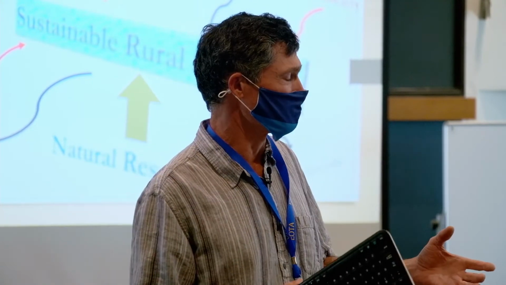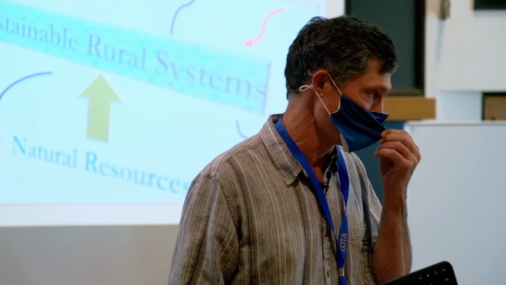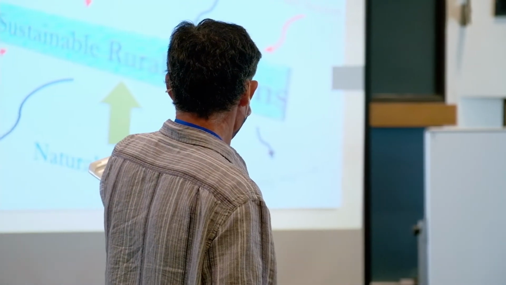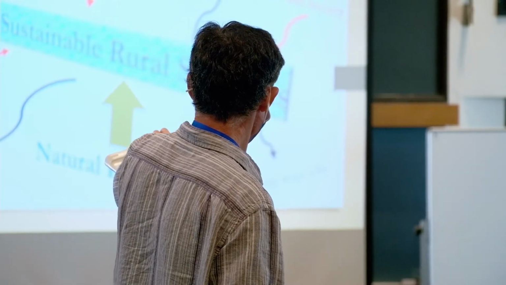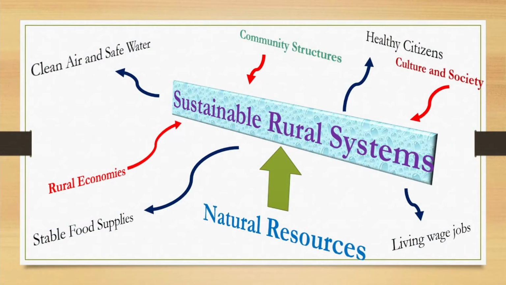And even when we go in and extract some metals, get some iron or some gold or some platinum or some cadmium or some mercury out of the earth, well, that stuff may not be directly in the ecosystem, but the ways that we get that stuff out of the earth disrupt ecosystems. So these natural resources are critical for sustainable human systems. I just put human in place of the rural there because we can think of this in the broadest way, not just in terms of rural communities.